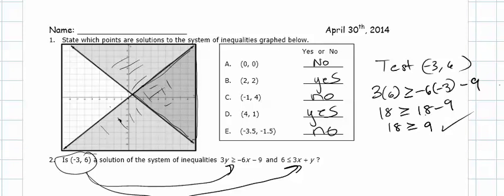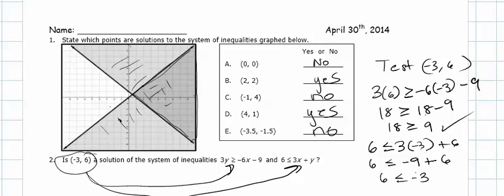Okay, so it works for the first one. Now we have to check it in the second one, because if it doesn't work there, then it can't be a solution. 6 is less than or equal to 3 times -3 plus 6. So in this case, 6 is less than or equal to -9 plus 6, and so that's 6 is less than or equal to -3.